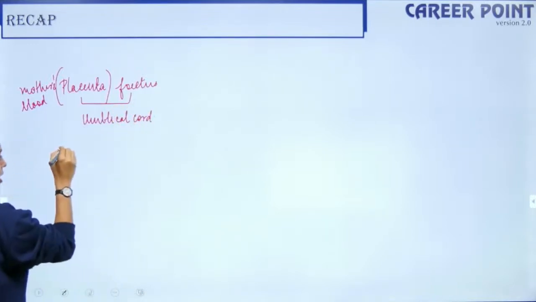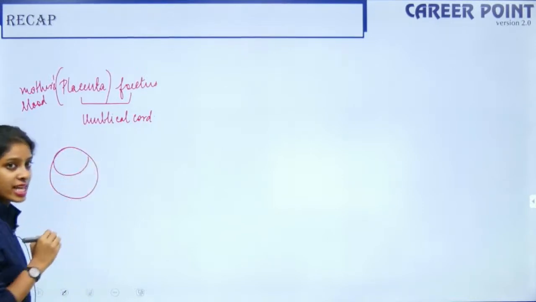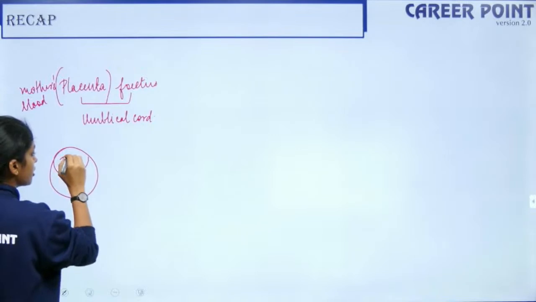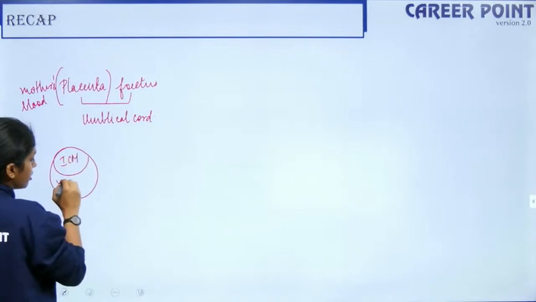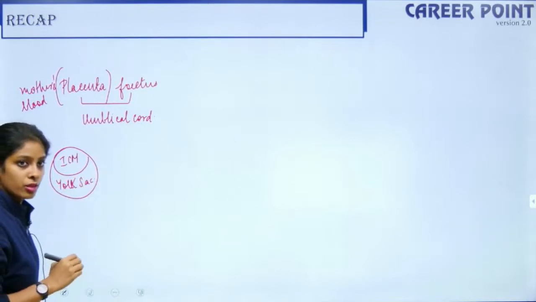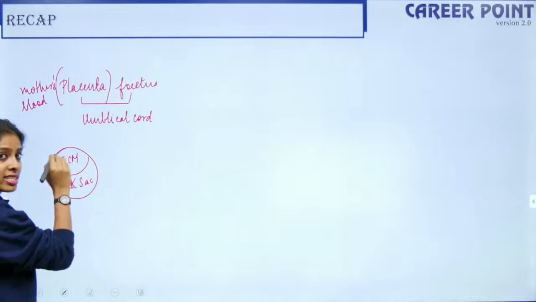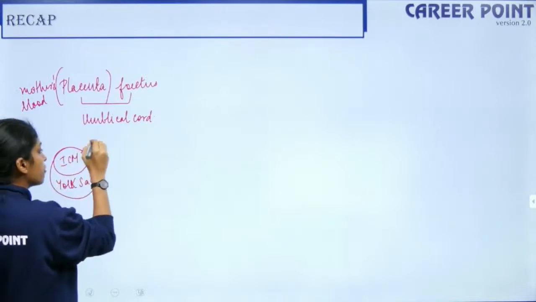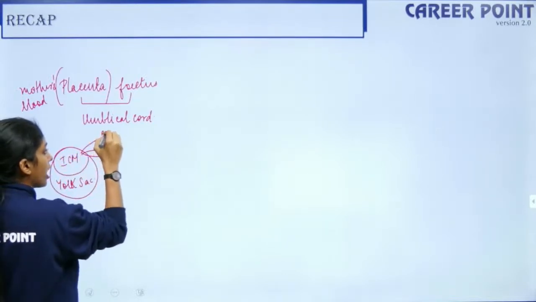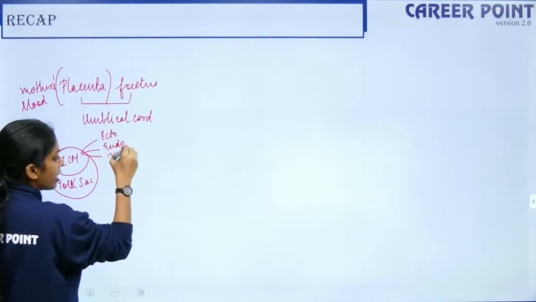So the next part, since you have the trophoblast and this is your inner cell mass, right? So this is your inner cell mass. So this is your yolk sac. Okay. So this inner cell mass differentiates into your ectoderm, your endoderm and your mesoderm.